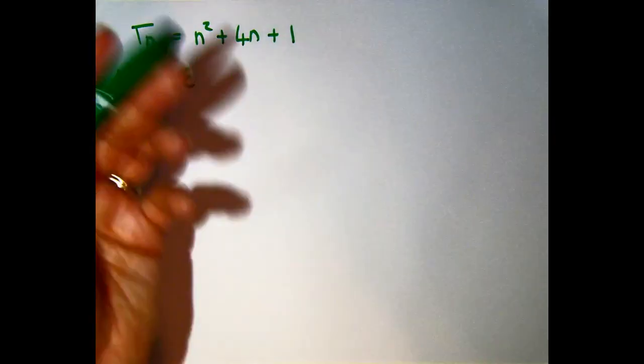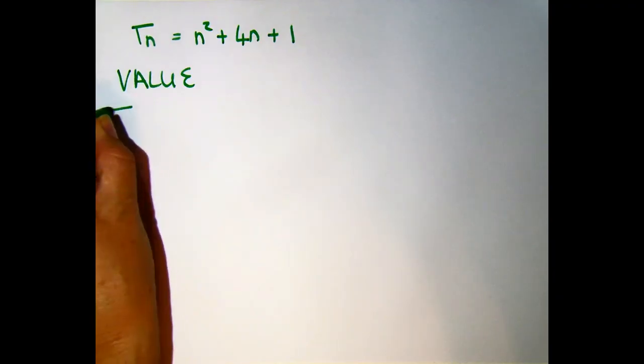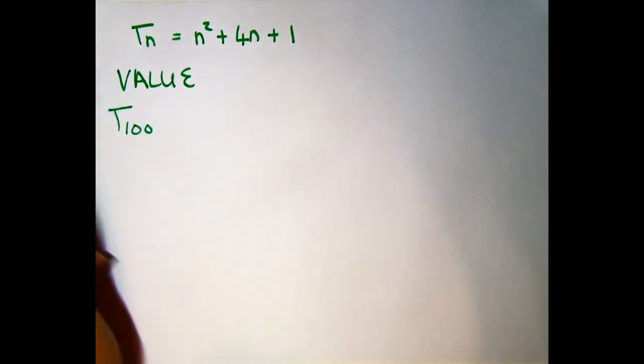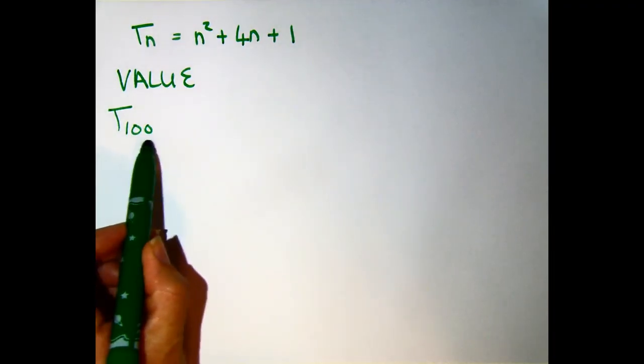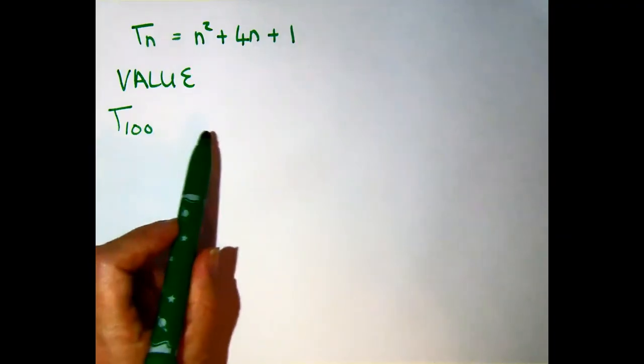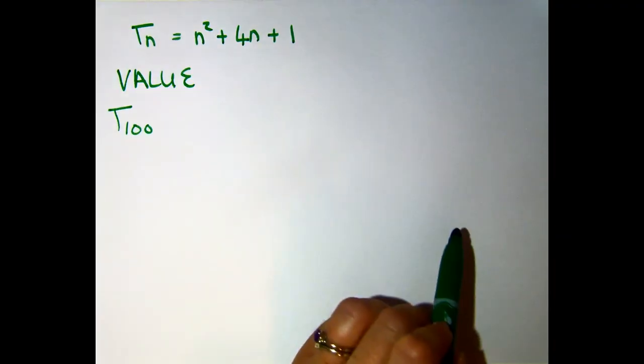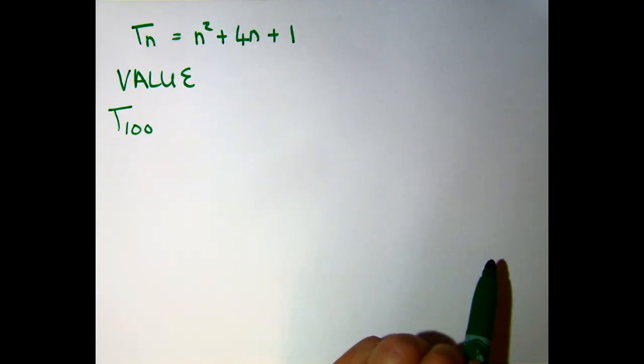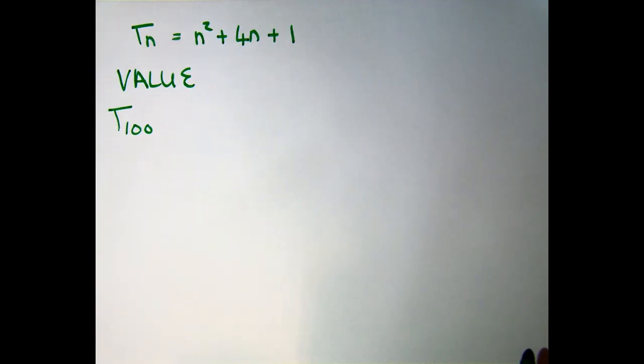So they're going to say, for example, find T100. So they're telling you the position and they want the value. In the second kind of question we're going to look at, they give you the value and they want the position. And switching those up gives you 0 marks, and getting them correct gives you 100% of the marks.